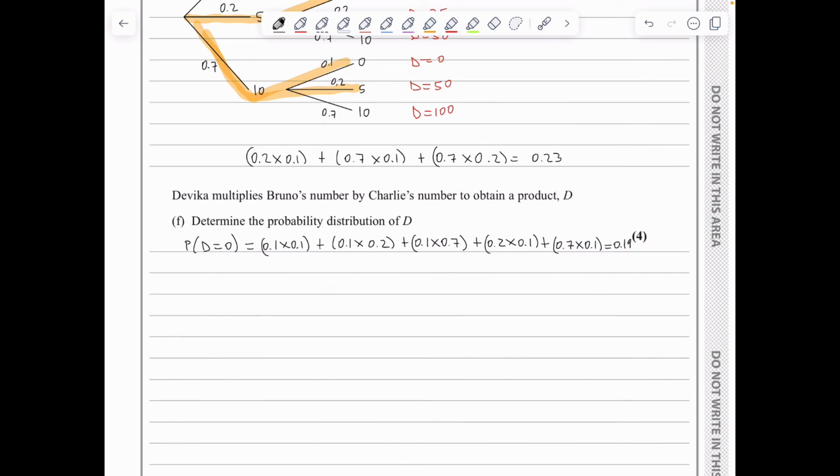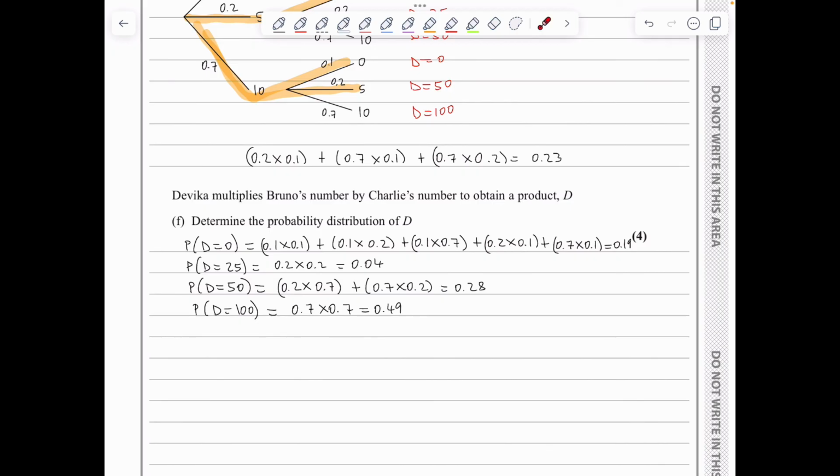For the probability of D being equal to 25, this is only through the 5-5 scenario, so 0.2 times 0.2, which is 0.04. The probability of D being equal to 50 is through the 5-10 and 10-5 scenario, so 0.2 times 0.7 plus the 0.7 times the 0.2, which gives an answer of 0.28. And finally, the probability of D being 100 is simply through 10-10, so it's 0.7 times 0.7, which is 0.49.